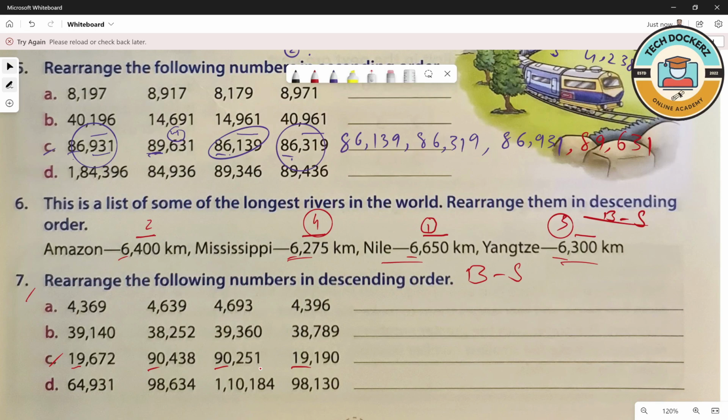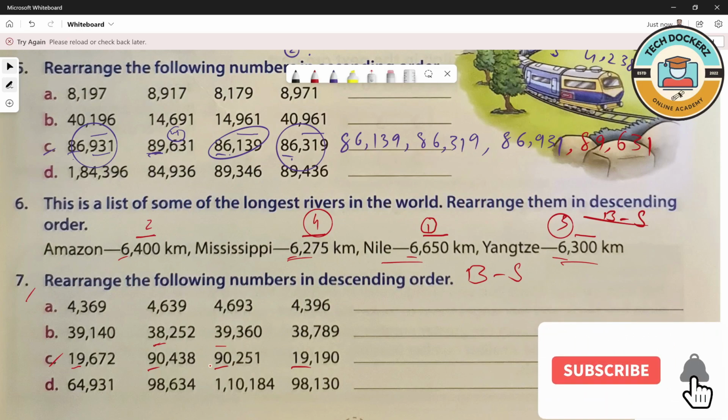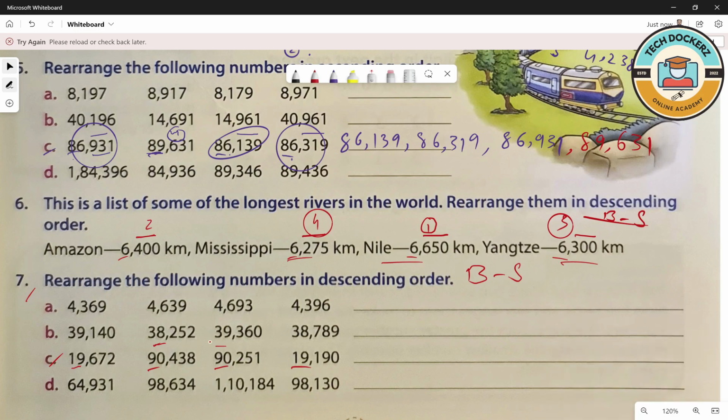We are arranging in descending order, so the biggest number will come first. Comparing 19,000 to 90,000, obviously 90,000 is the bigger value. We have two numbers starting with 90. So which number will come first? Both numbers start with 90,000.